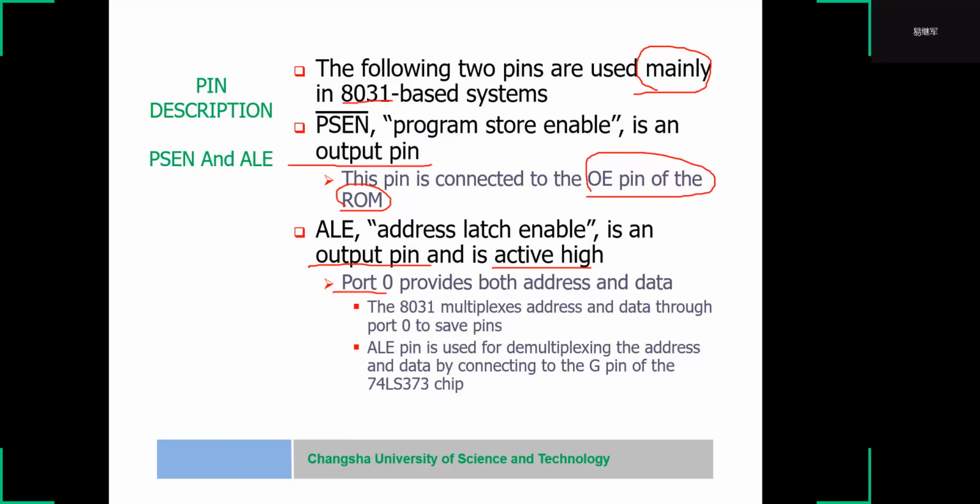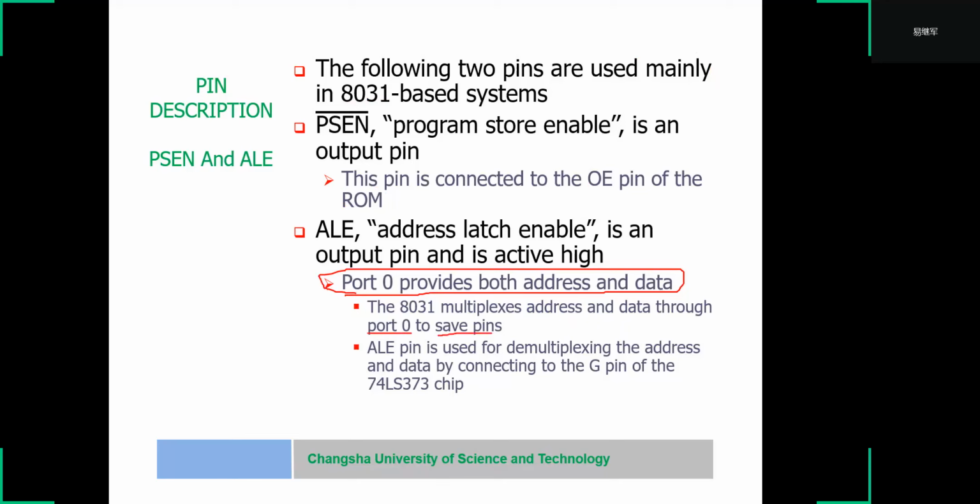P0 provides both address and data. We need to remember this. P0 provides both address and data. The 8031 multiplexes address and data through port 0 to save pins.